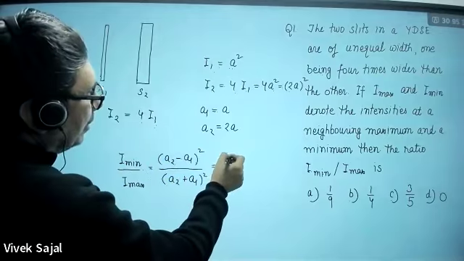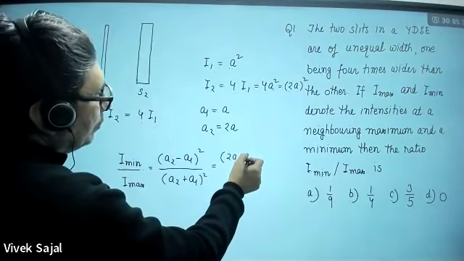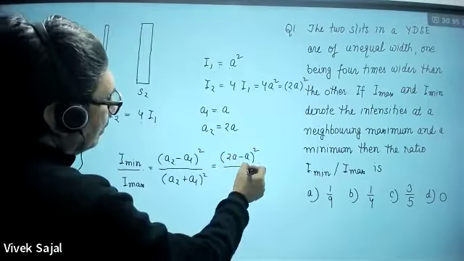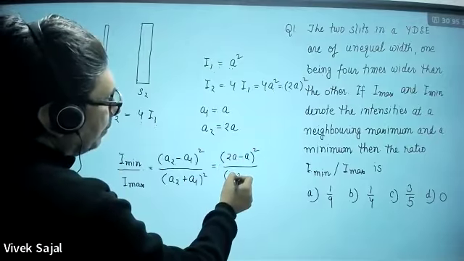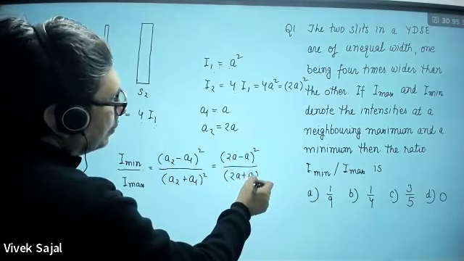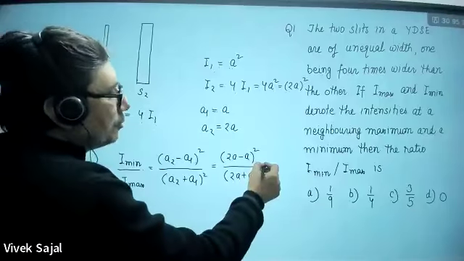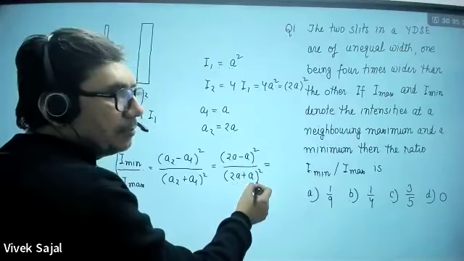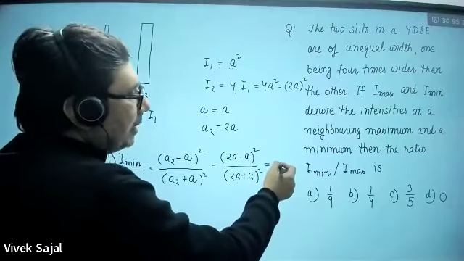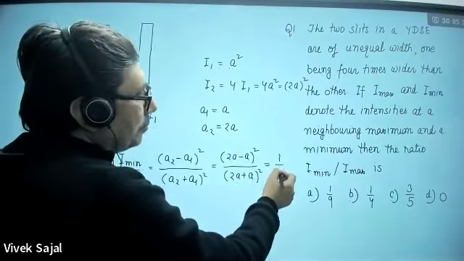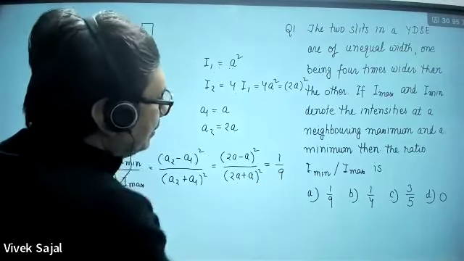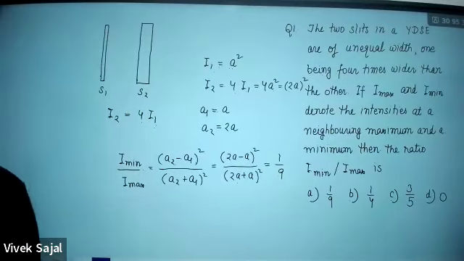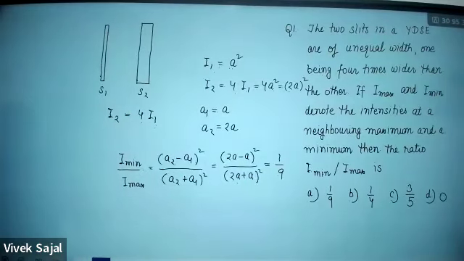So this will be 2A minus A whole square, over 2A plus A whole square. This will be A square over 3 square, which is 9A square. So this will be 1 upon 9. So the answer will be equal to 1 upon 9. Is it clear to everyone, beta?